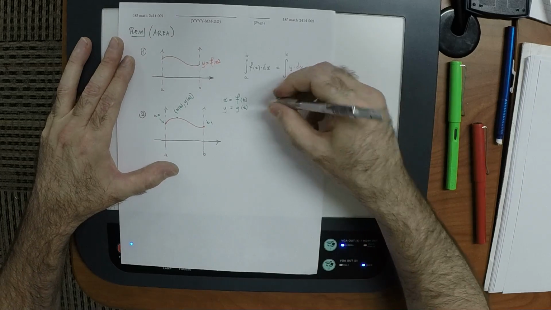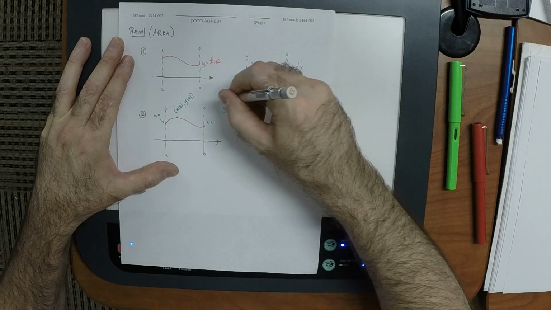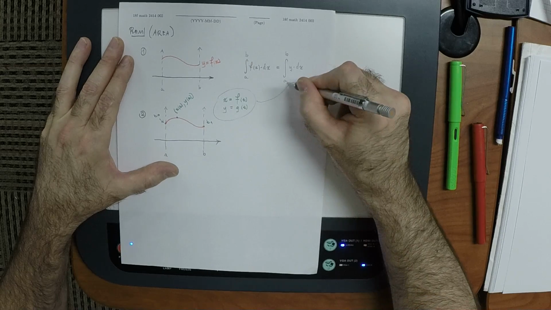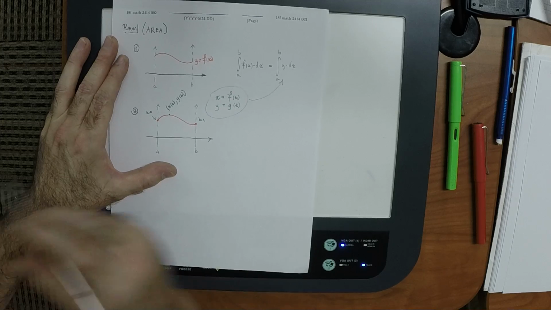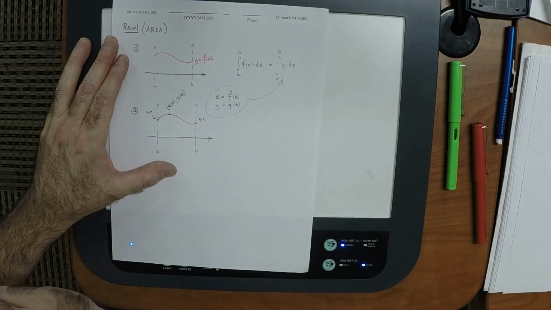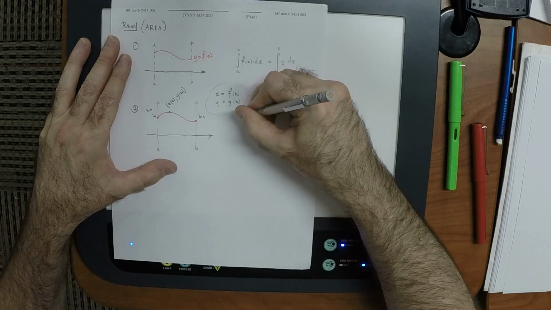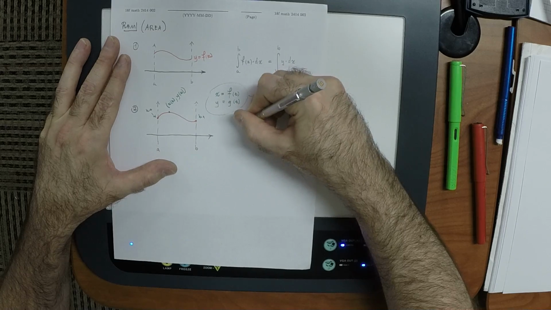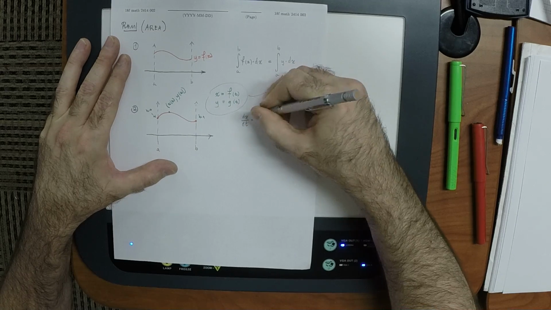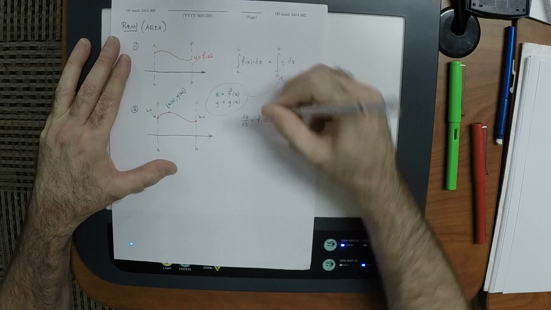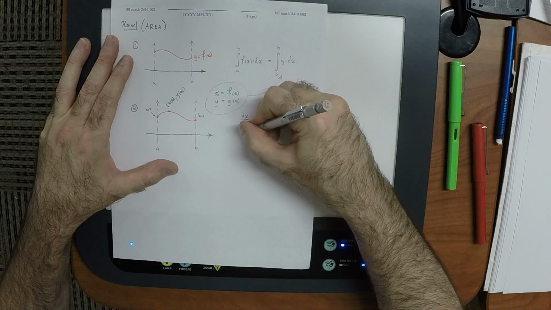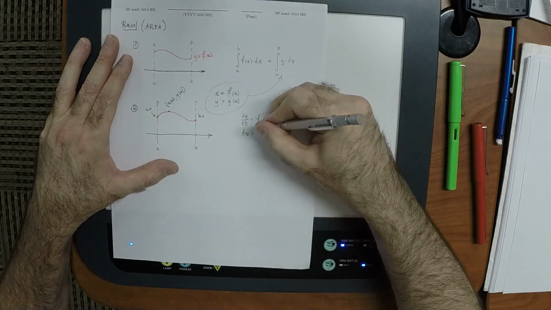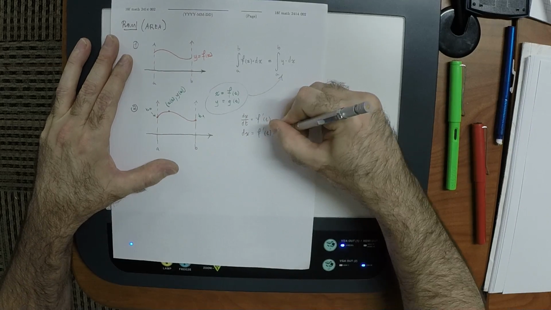Y just gets replaced with g of t, but dx, because dx dt is f prime of t, means we replace dx with f prime of t dt.